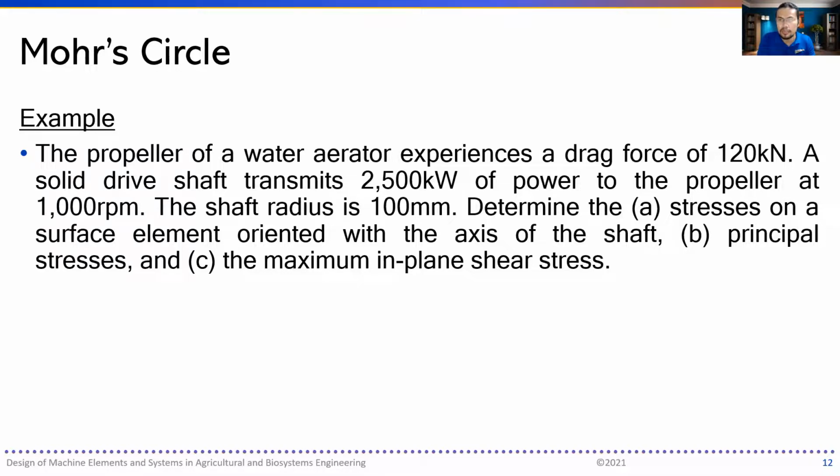Now, how to proceed with this problem? This is very much a direct example of what was being discussed a while ago on the principal stresses. And let's proceed with the solution.